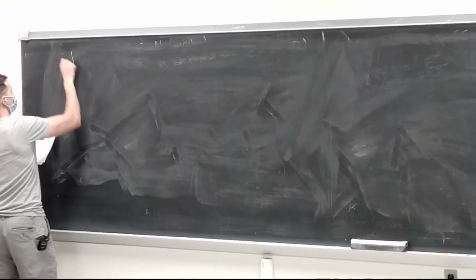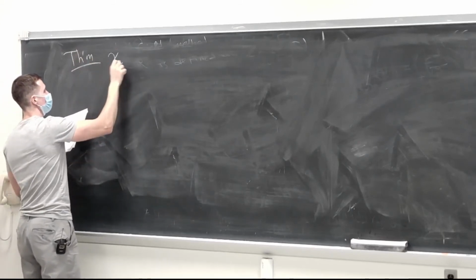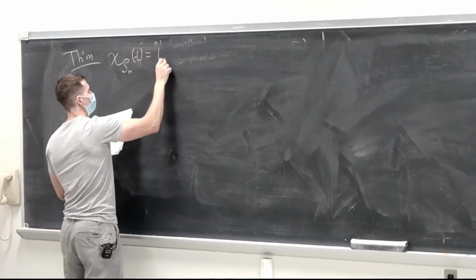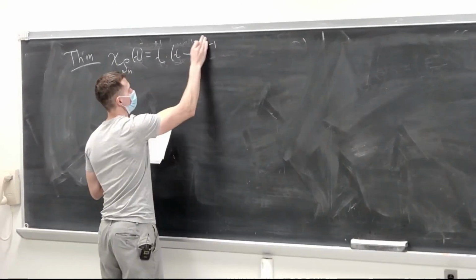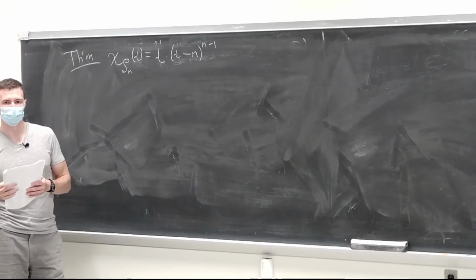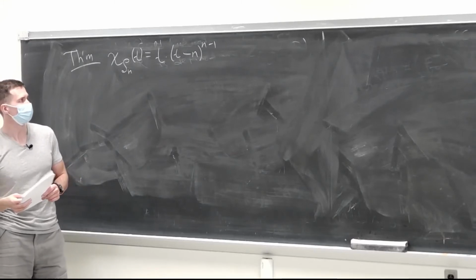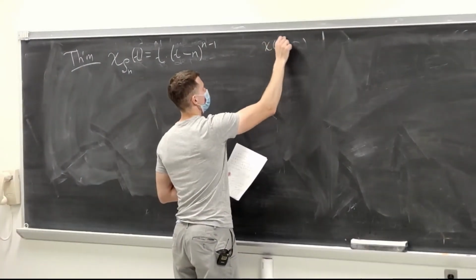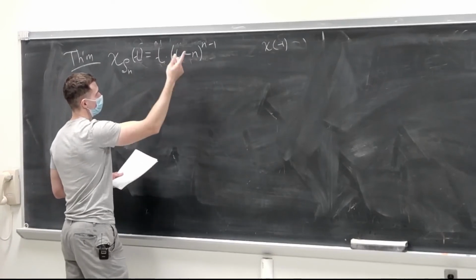So, theorem: the characteristic polynomial of the arrangement is t times (t minus n) to the n minus 1. In particular, if you plug in minus 1, you get minus 1 minus n.